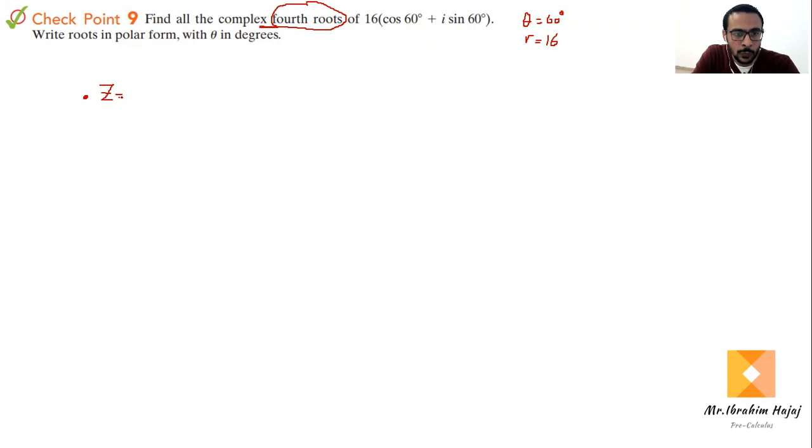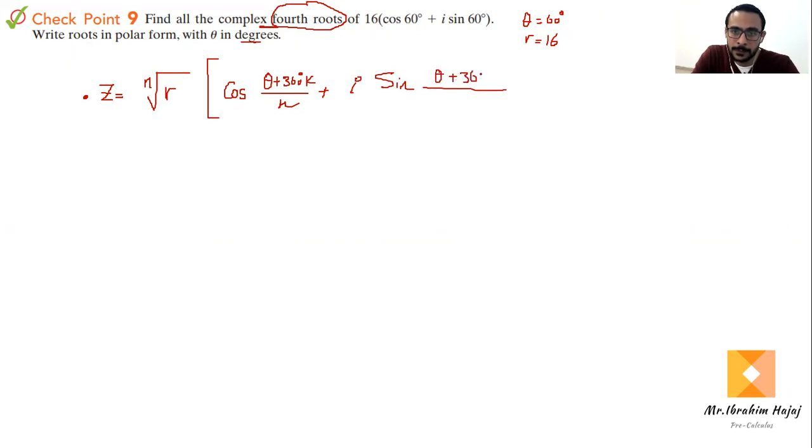Z equals, write the formula first, remember it, the nth root of R. Yes. And then here, cosine of theta plus, he's asking to find it in degrees, so 360 degrees K over N, plus i sine theta plus the same 360K over N. Yes.